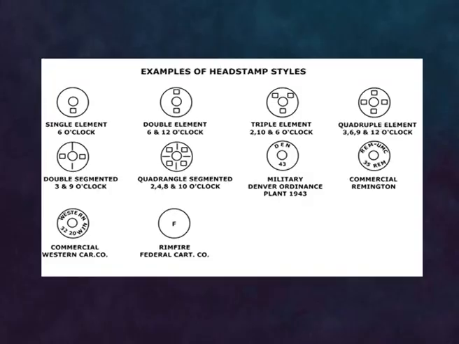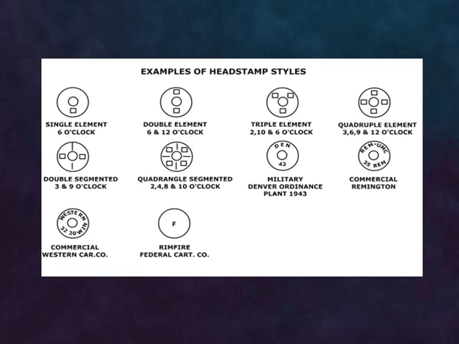One of the elements is used to identify a specific chambering and another to identify manufacturer. On the other hand, cartridges made for military purpose can have all or some of these elements, date and place of manufacture and other identification marks.